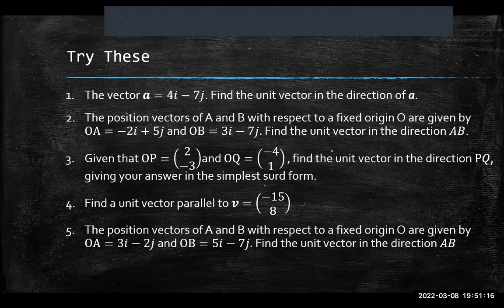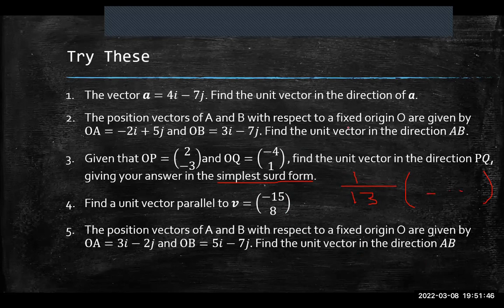Let me just read it one more time. Given that OP is equal to (2, -3) and OQ is equal to (-4, 1), find the unit vector in the direction PQ, giving your answer in the simplest surd form. When they say simplest surd form, you see how I was telling you that you can leave your answers as 1 over the magnitude times the vector, a scalar multiple of the vector, just like before.